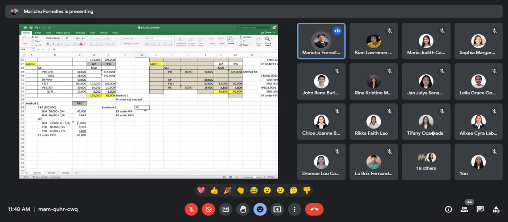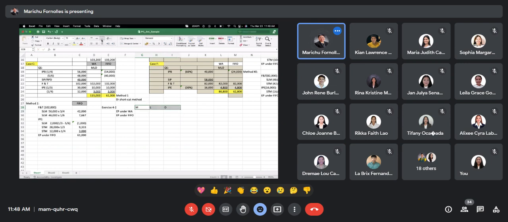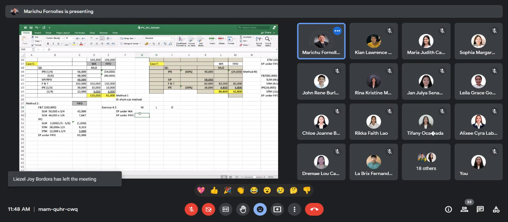So we have materials, labor, then overhead. For the EUP under weighted average, you have 80,000 for materials, 76,000 for labor, and for overhead, given at 75,000.